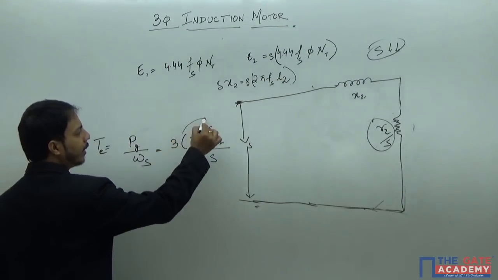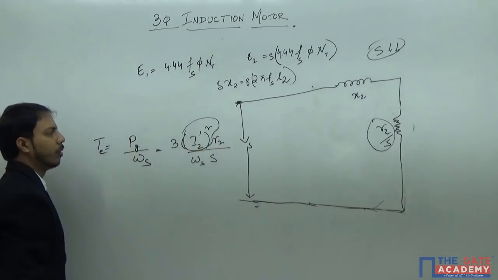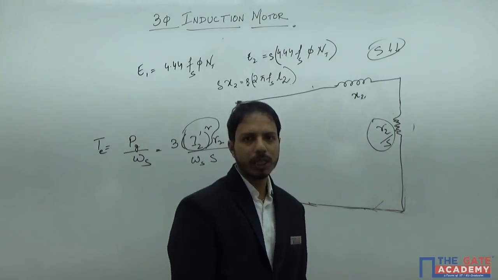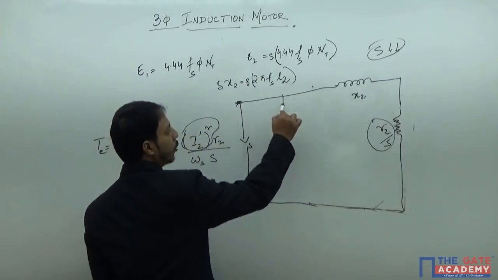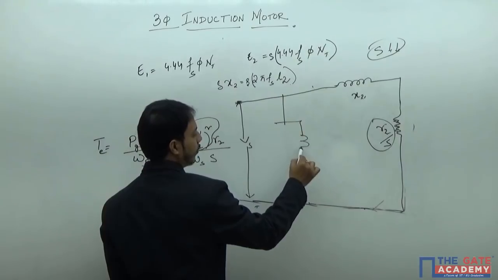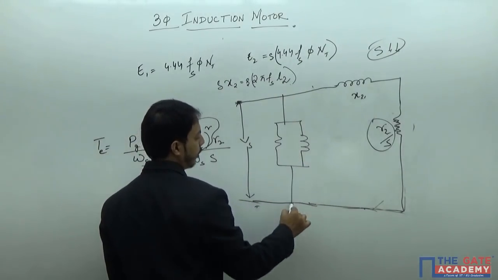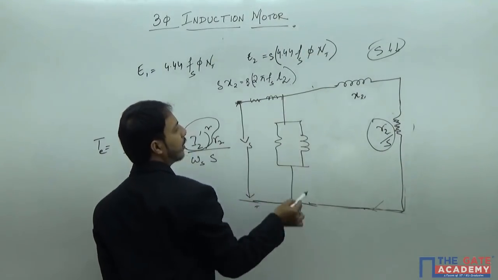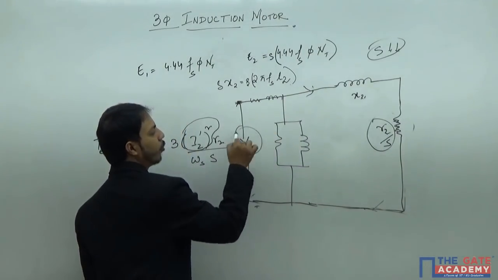Now, to find this I2, if you use the practical or exact circuit, suppose I consider some inductance and resistance here and some voltage drop here, then I know this is my voltage supply.